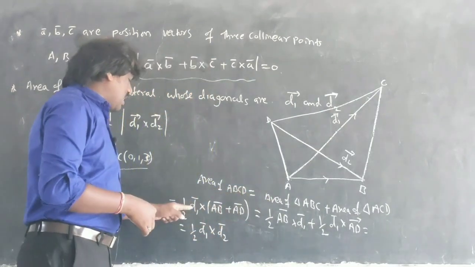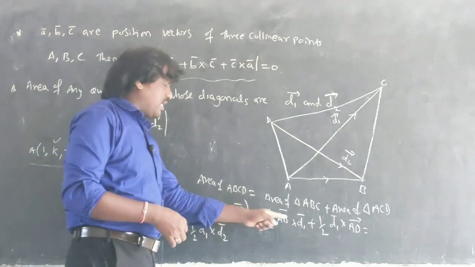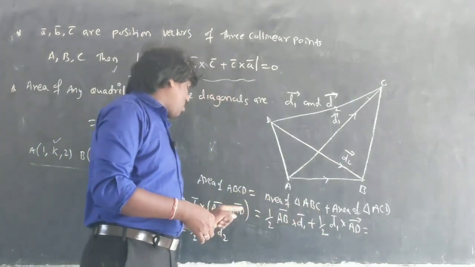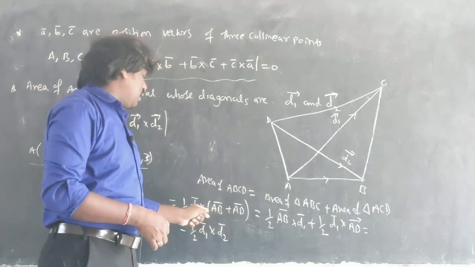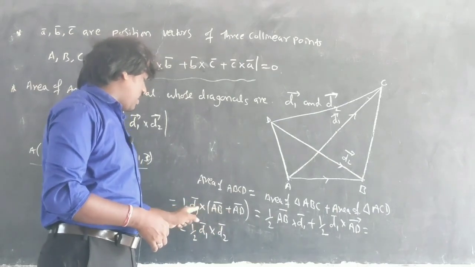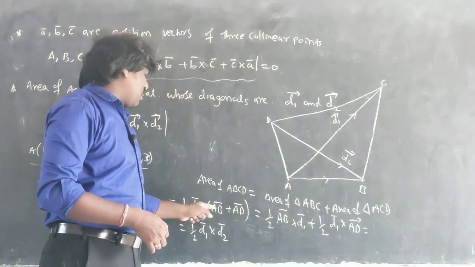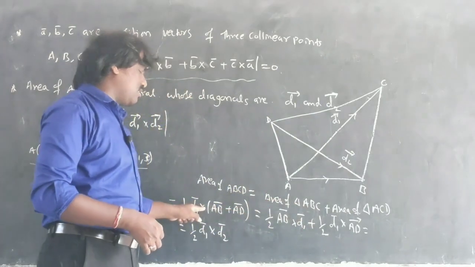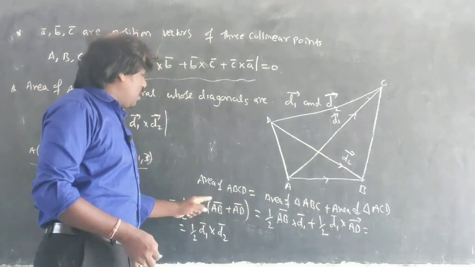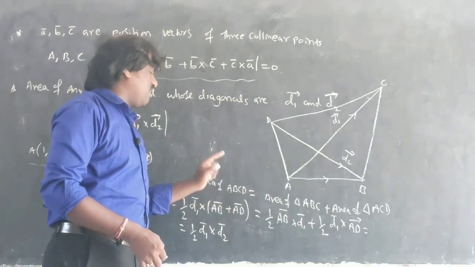So now this can be written as half of D1 cross, if I take common, D1 cross in the bracket, you will get D1 cross AB vector plus D1 cross AD vector, by the distributive law. Now AB vector plus AD vector, you got.